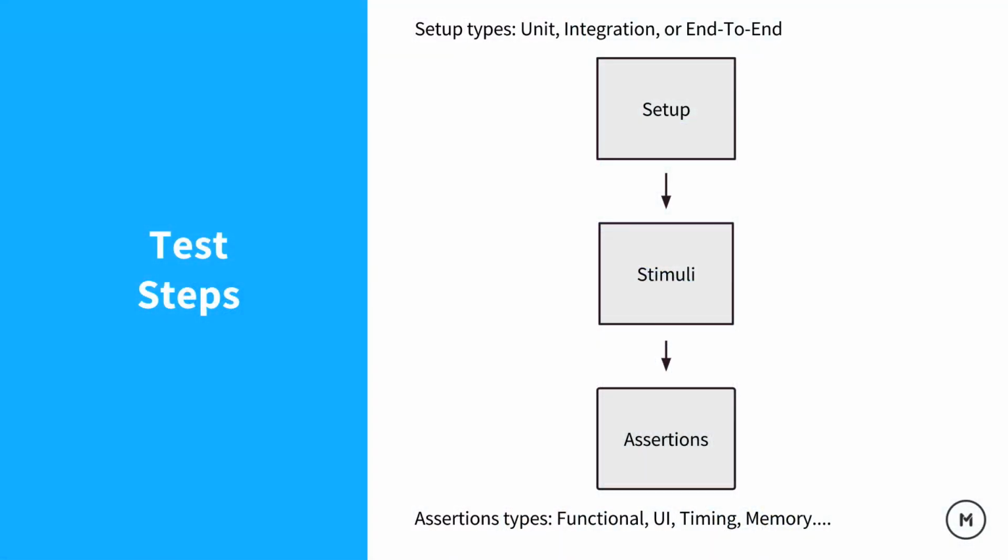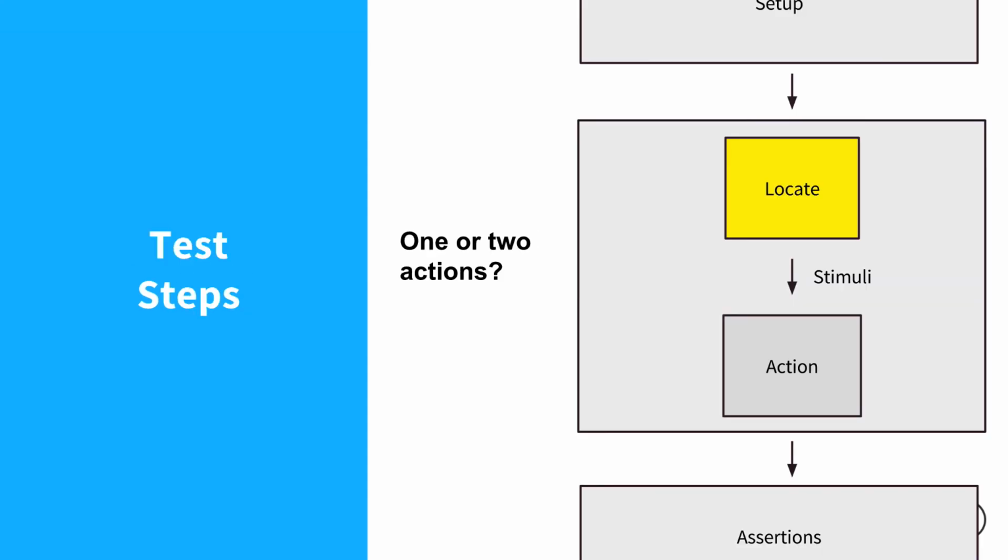But I want to drill down inside and see what other things are causing flakiness, and one of them is the locators. Every test starts with setting up something, then there are the actions, and then the assertions.